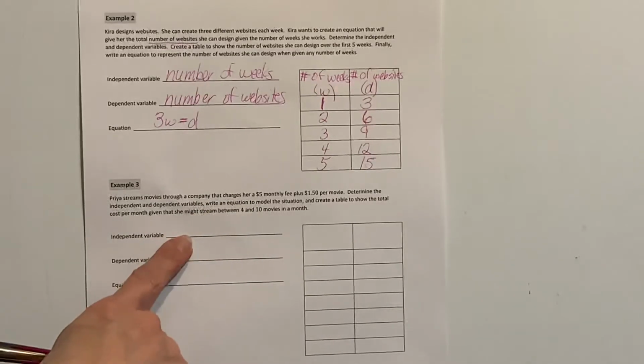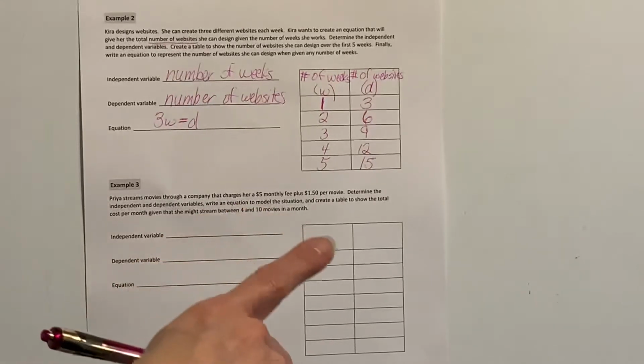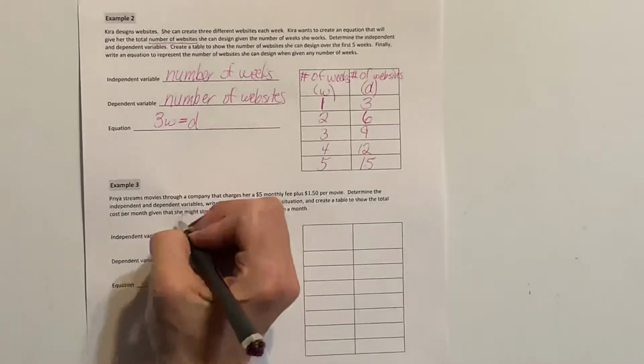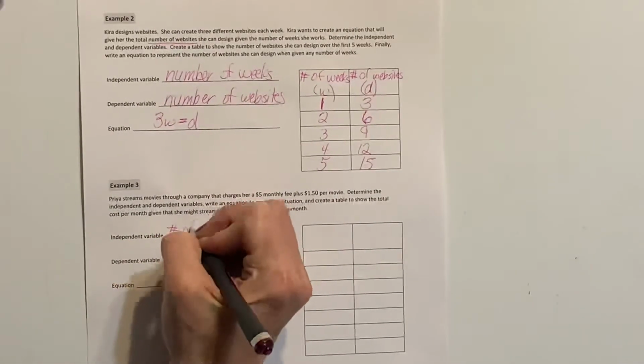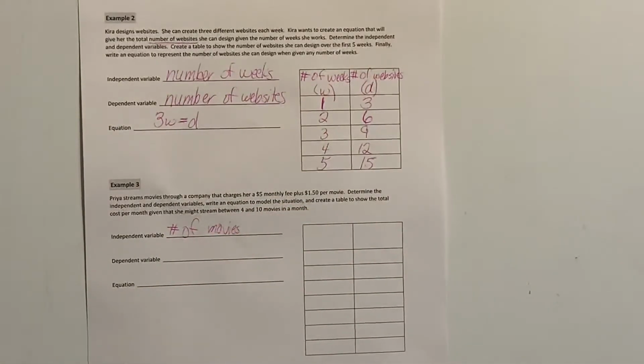So how many movies she rents or streams will determine how much she'll owe at the end of that month. So the independent variable will be the number of movies watched.